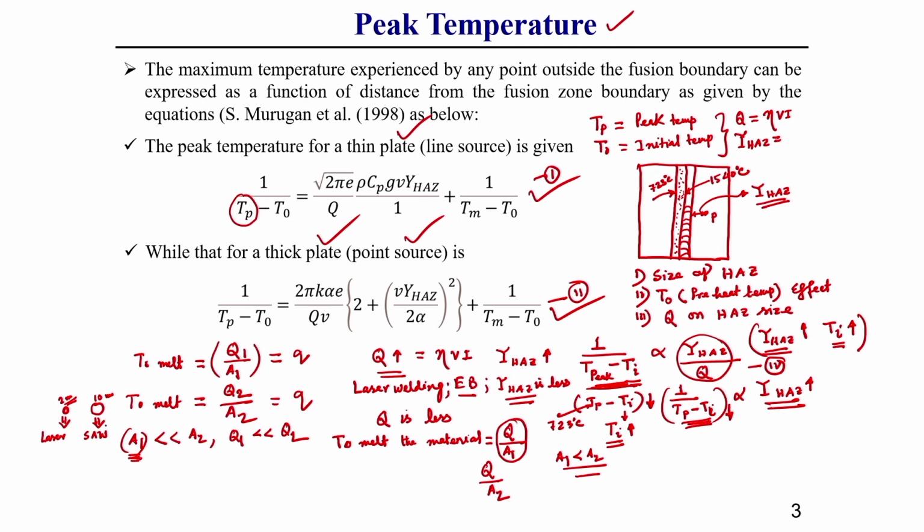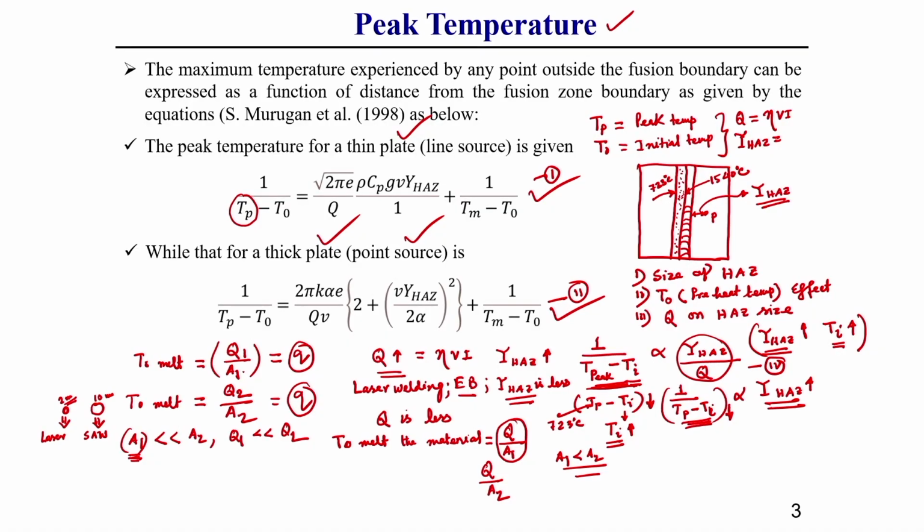But for melting purposes, generally this heat flux requirement Q should be the same for both cases. That is why the net heat input, this Q value, required in case of laser is less due to its lower heat source size, and for arc welding processes like submerged arc welding, this Q requirement is higher because here the heat source size is comparatively bigger.